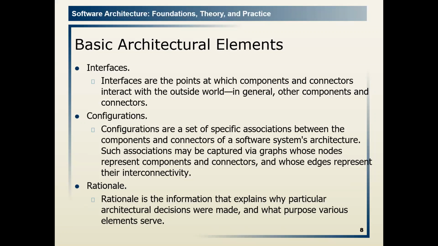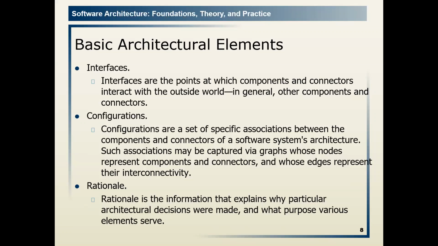So normally in the graphical notations that we use, nodes show components and connectors, and the edges, the lines that we draw between the components and connectors, show the interconnectivity.